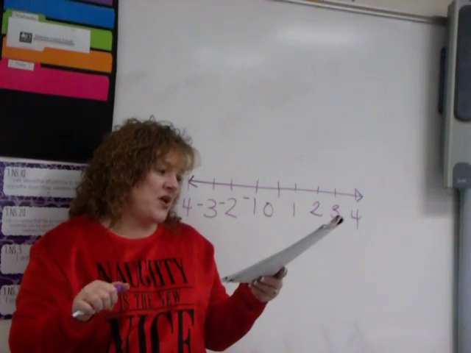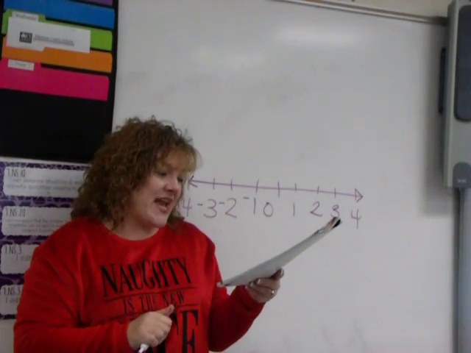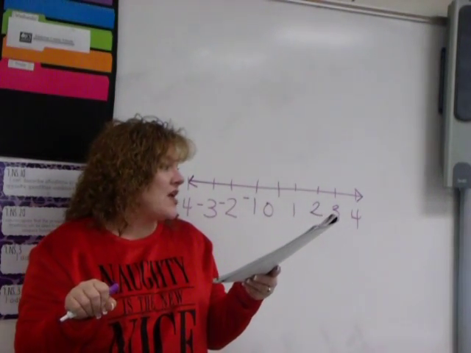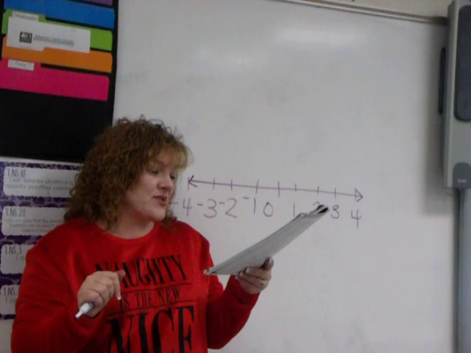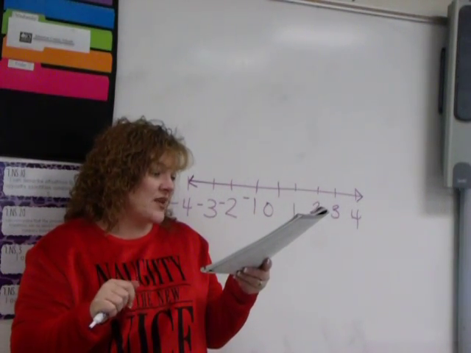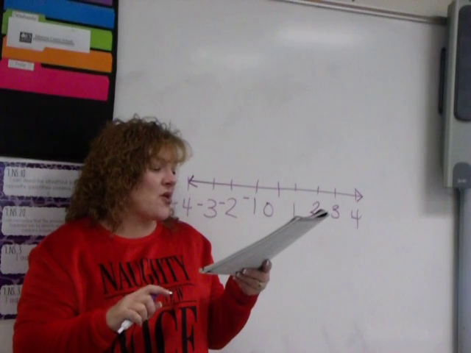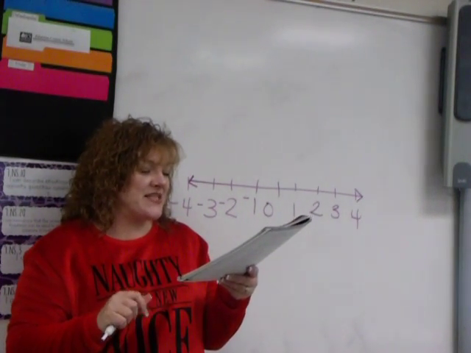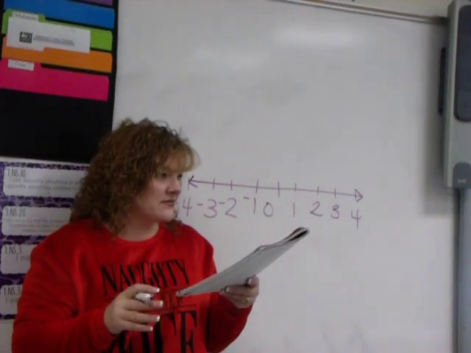Page 7. One of the most useful representations of numbers is a number line. A number line displays numbers in order so that their relationship to each other is clear. You can determine whether numbers are less than or greater than other numbers by looking at their position on a number line.